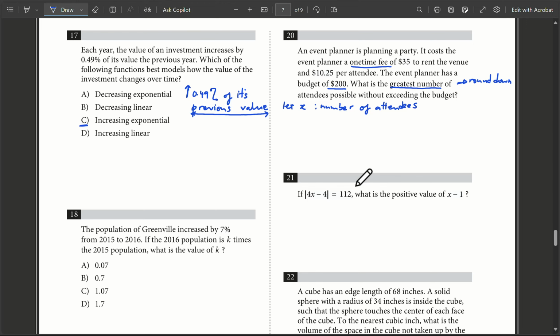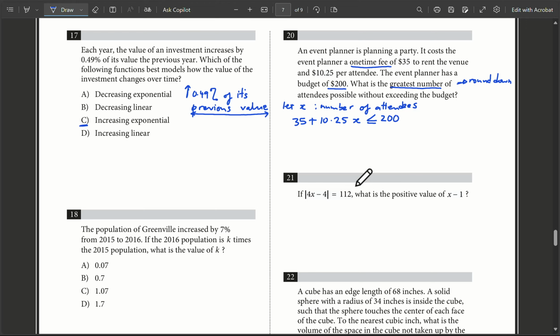And we can come up with an equation whereby we're saying $35, the one-time fee, plus 10.25x, which is 10.25 per attendee, okay? 10.25x should not exceed the budget. That means it is less than or equal to $200.